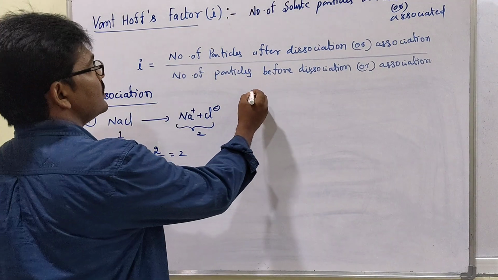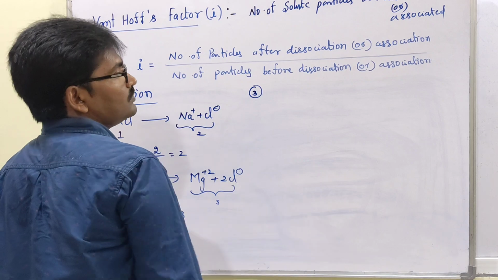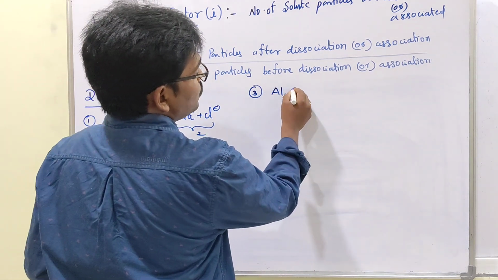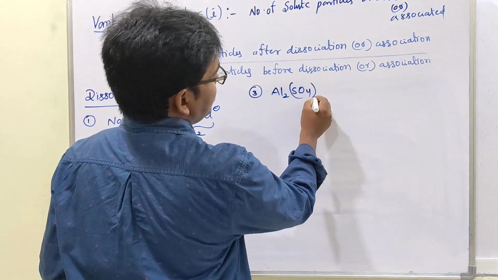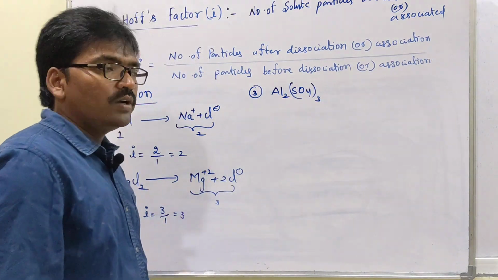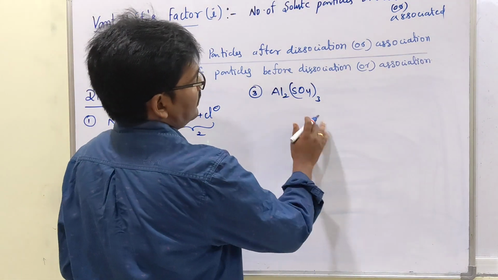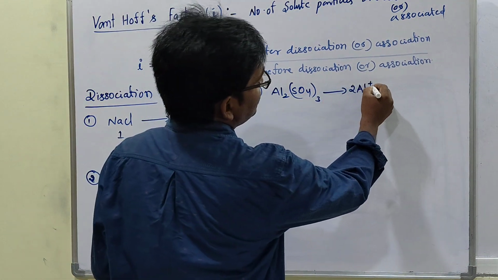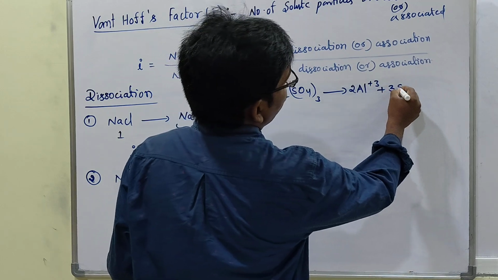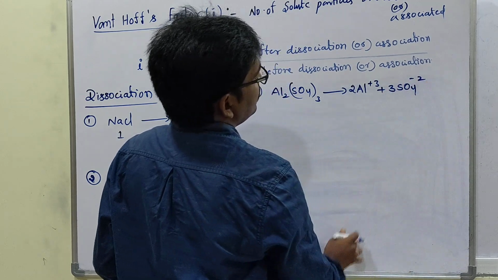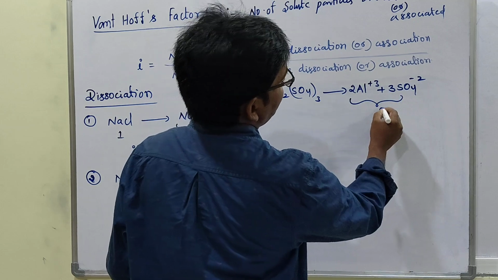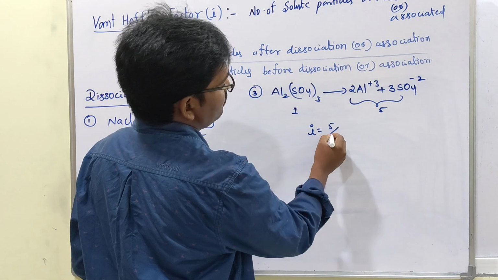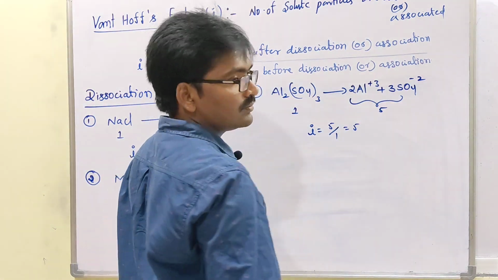One more example, Al2(SO4)3, which dissociates into 2Al 3 plus and 3SO4 2 minus. Now the total number of particles is 5, and before there is 1, so i equals 5 divided by 1, which is 5.